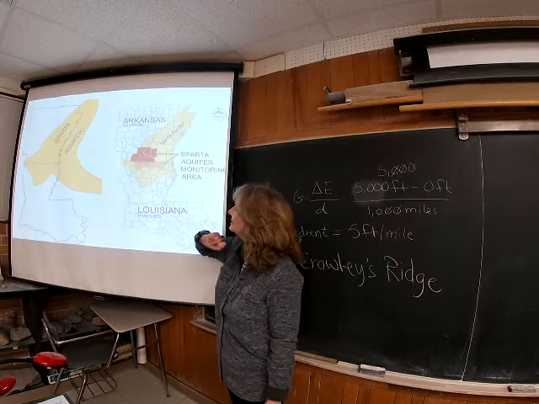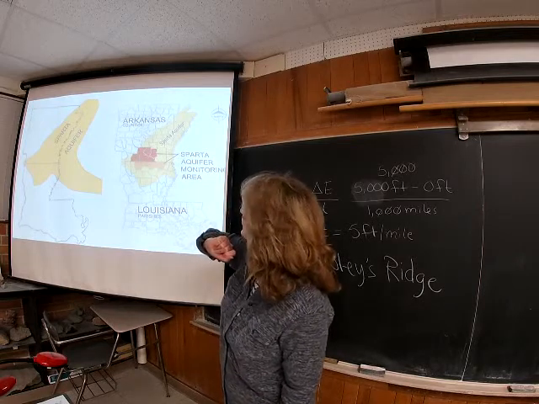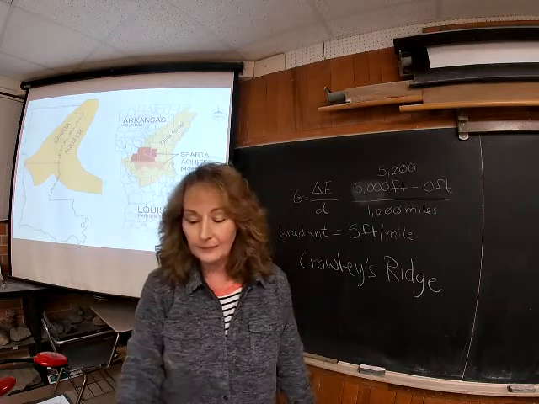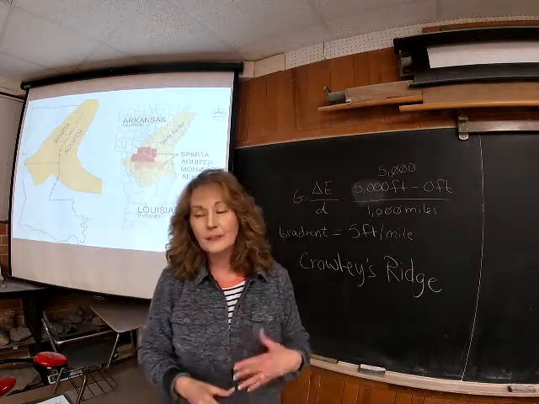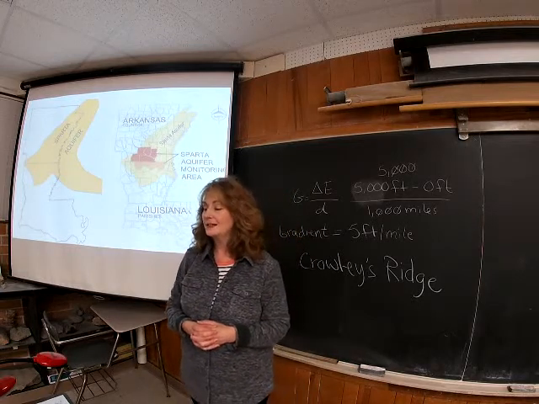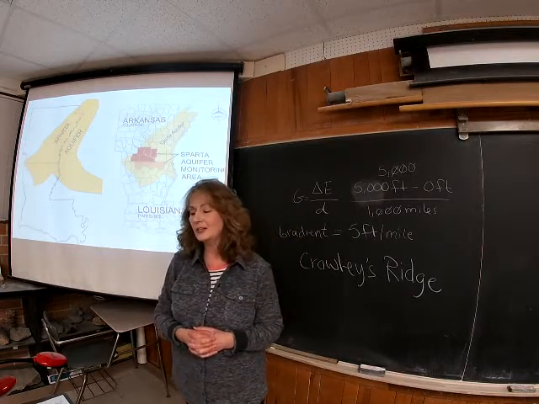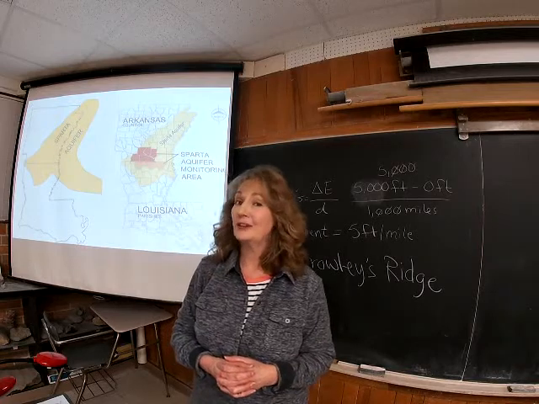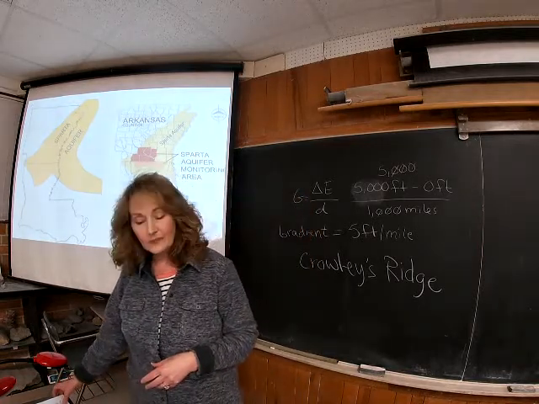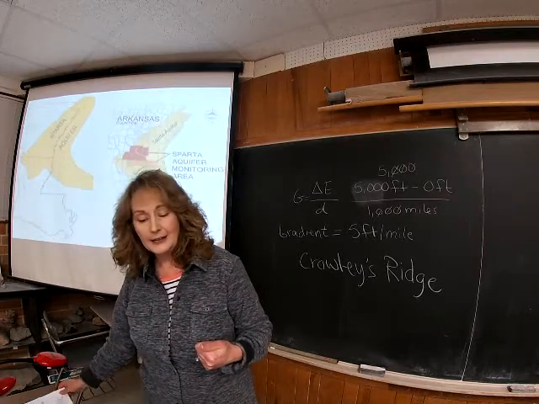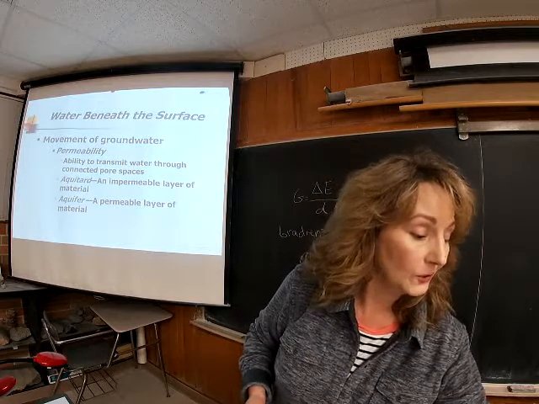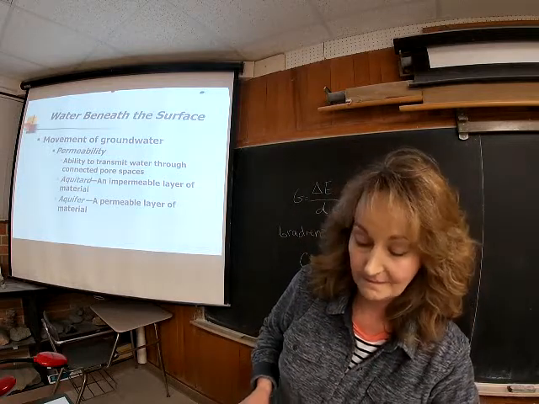There is another one. It's not on this image here, but the Mississippi River alluvial aquifer is another one. But in our region, it's the Sparta Sands aquifer. That is the one that we draw our groundwater from. Okay, what we use here.